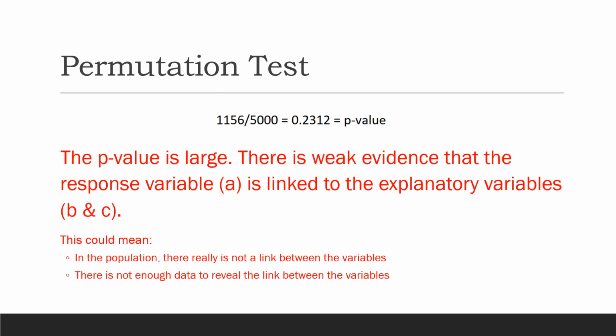And the other thing to remember is that it also could mean that there are important covariates that haven't been included in the model. Sometimes if you include an important confounding variable in a model, then once you've controlled for that variable, you'll be able to get a clearer picture of what the relationship is with the other variables. So it also could mean that your model is not well specified.